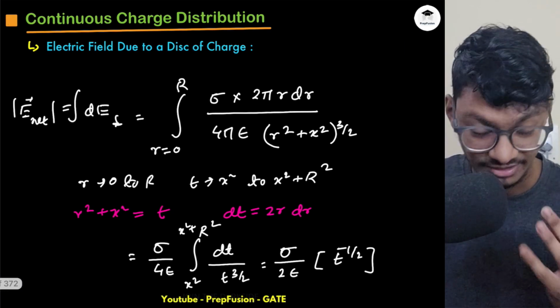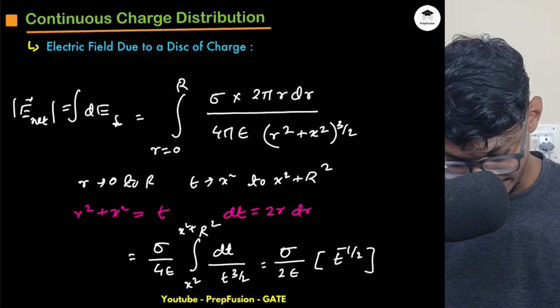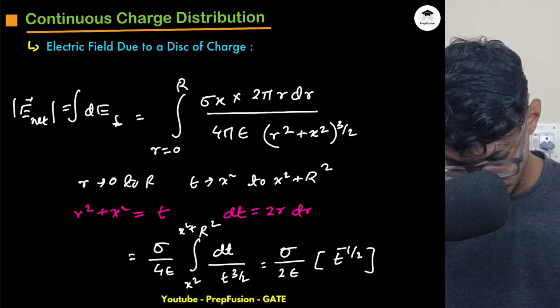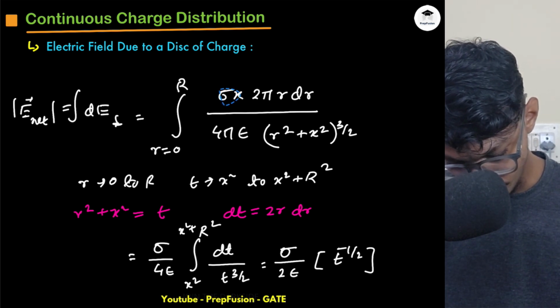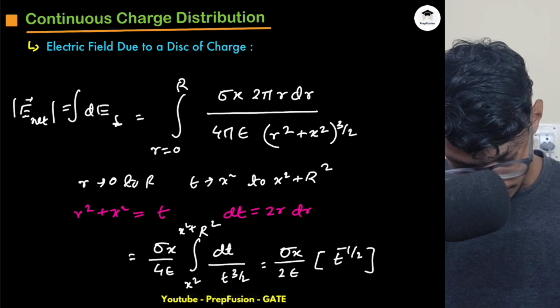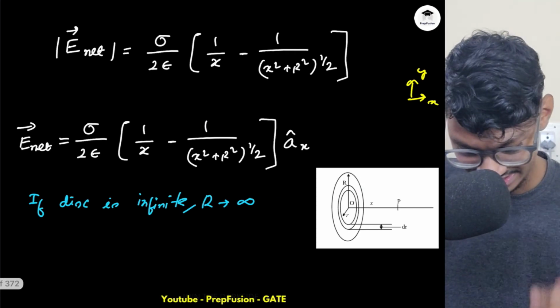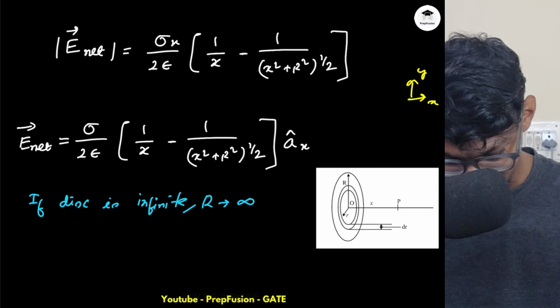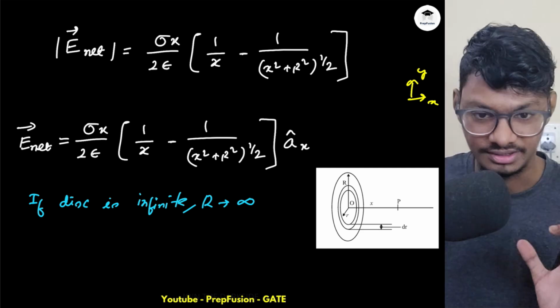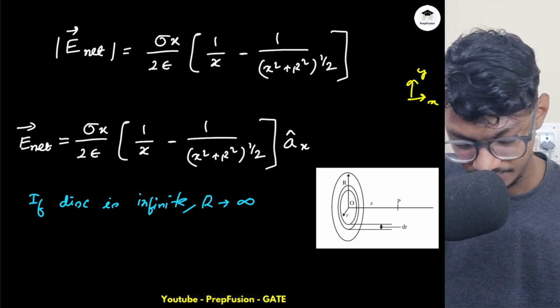I didn't check the dimensional aspect of it. There should be x as well. So sigma into x will be here. I know you were screaming behind the screen, where is the x, sir? You missed the x. Here will be x, because it is a constant. It should not vary with x, that's why.